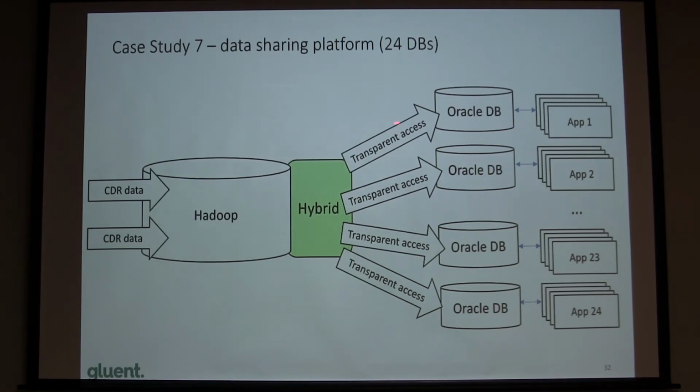And this magical hybrid layer will pull parts of your query, the heavy lifting parts of the query, down to Hadoop, and it uses Hive or Impala to run these parts of the query in Hadoop. So this query actually runs in a hybrid way across both sides. It runs on Hadoop and Oracle as well. But usually most of the heavy lifting, most of the I/O and CPU, happens on this side.